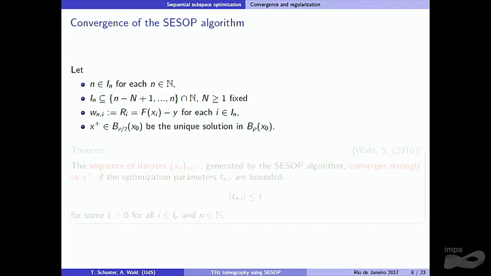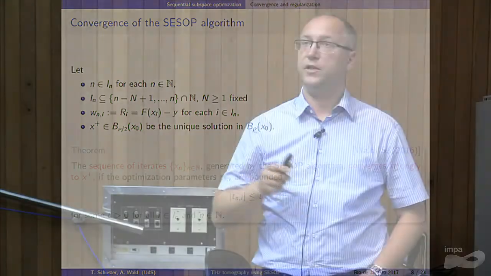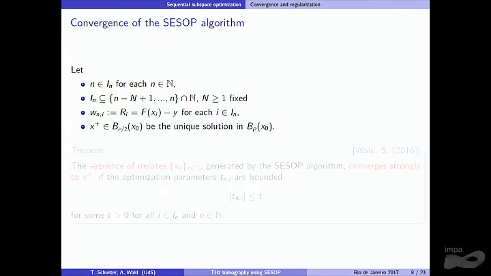Okay, so the first thing we have to prove is convergence of our method if we have exact data, and then we have to prove the regularization property in case of noisy data. It's always the same game. To do so, we always assume that the actual iterate index n is contained in this index set I_n, which gives you the actual search directions.